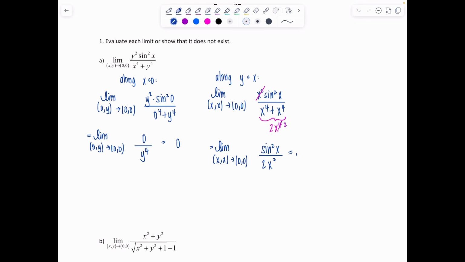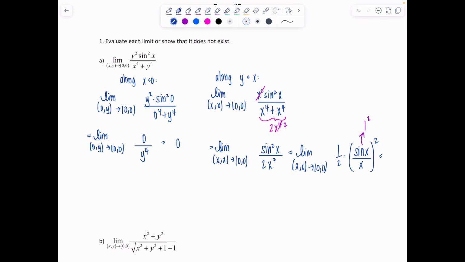So then you can rewrite this. Hopefully you remember from Calc 1 that the limit of sine x over x is 1 as x approaches 0. So I basically have sine x over x squared, since I've got two of them there. Beautiful. And then the 2, I just made it a cute little 1/2, so it's not threatening us. So this goes to 1. 1 squared is still 1 times 1/2.